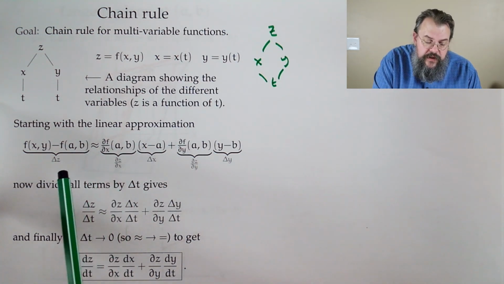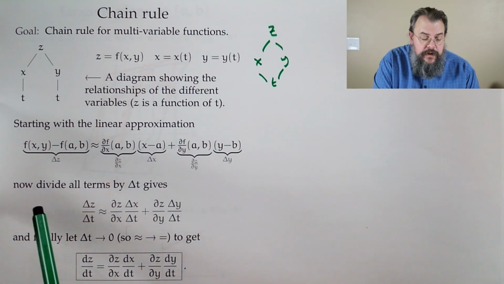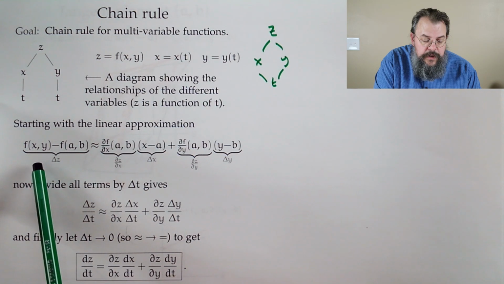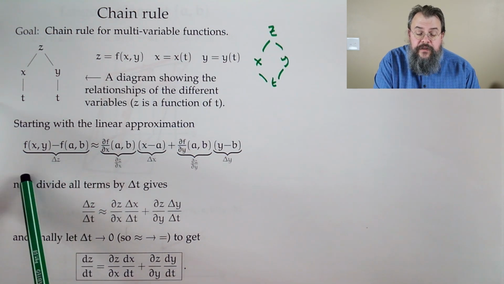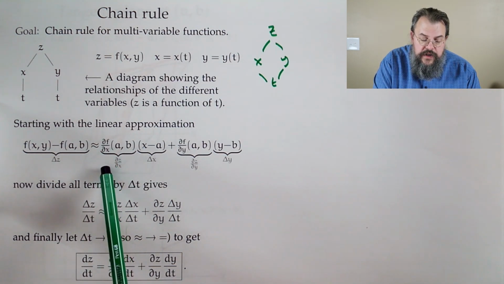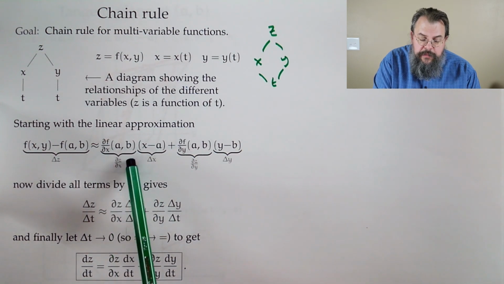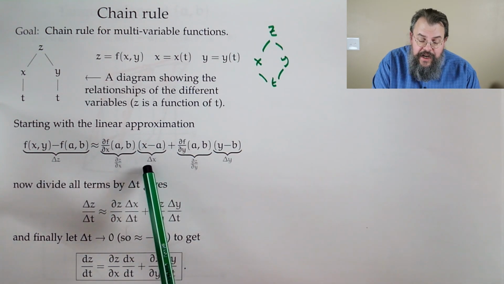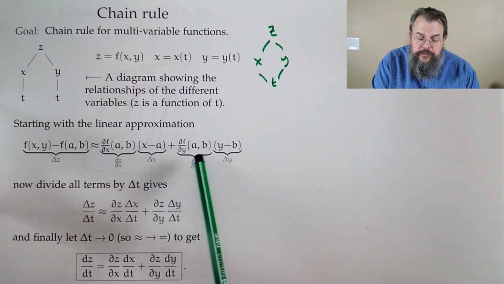So we say, let's start with our linear approximation. And this just comes from what we did before. We can rearrange our change in output, f of x, y minus f of a, b, which is approximately partial f partial x at a, b, which can be denoted as partial z partial x, times x minus a, which is the change in x.